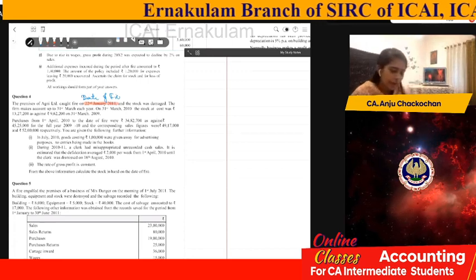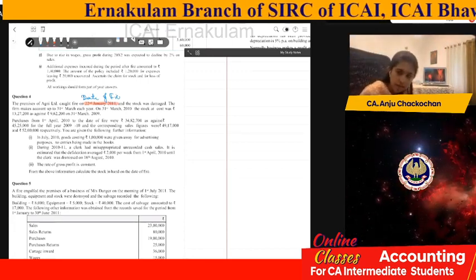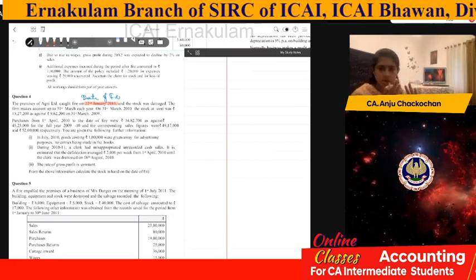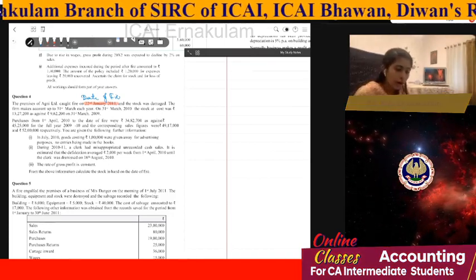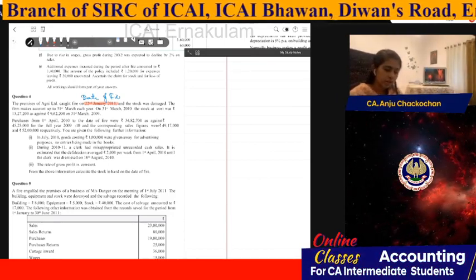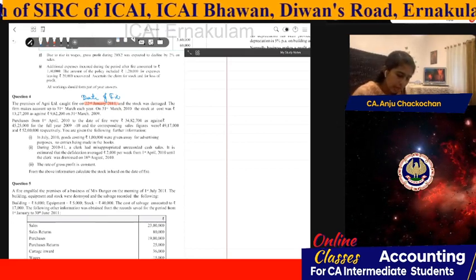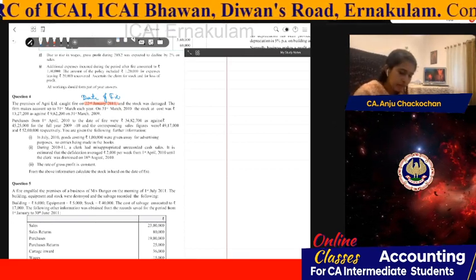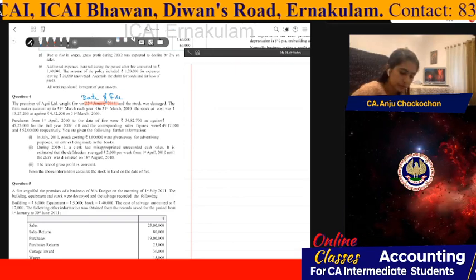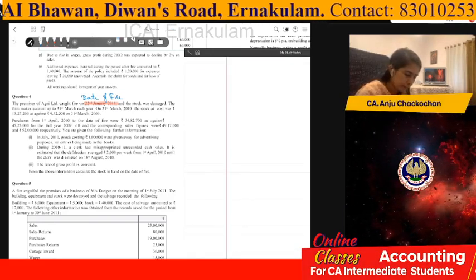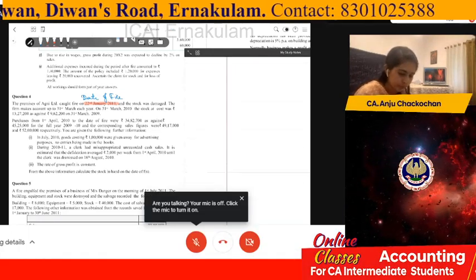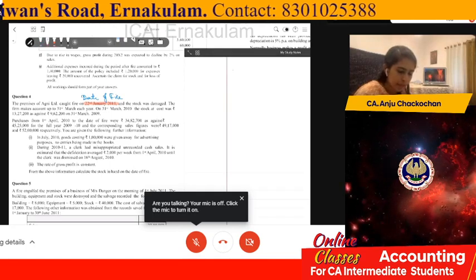The firm makes accounts up to 31st March each year, so they are following the April-March year and not the calendar year. On 31st March 2010, the stock at cost was, we'll note it down. Working note 1, basic data.